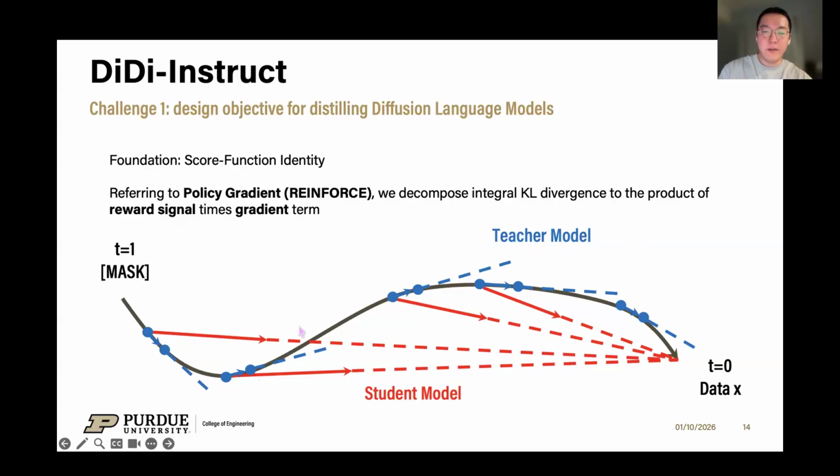For the student model, our objective changes the update direction. It forces the update direction at every point on the trajectory to point directly to the final destination at t equals 0. Because of this, even with a large step size, the student can still move in the correct global direction. That's the fundamental reason why the student model is capable of few step generation.